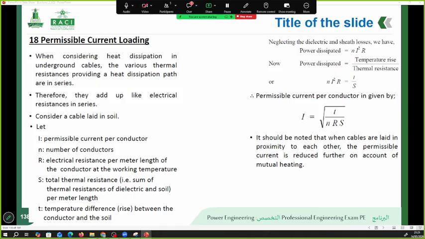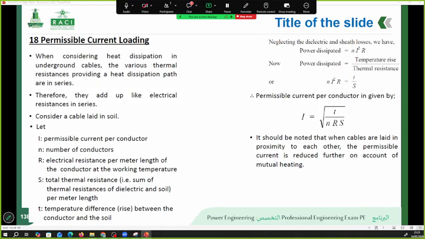This slide explains how to determine the maximum permissible current loading. When considering heat dissipation in underground cable, the various thermal resistances providing a heat dissipation path are in series.